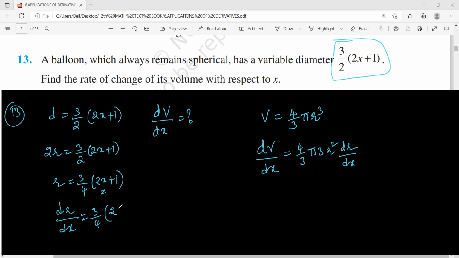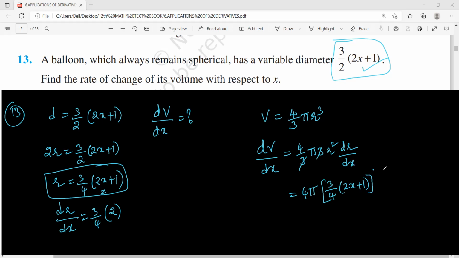With respect to x only. So substitute 4 pi r square. What is r here? r is this. You get the answer in x only, obviously, because your diameter is given in terms of x. So 3/4 into 2x plus 1 whole square into dr by dx, that is 3/2.